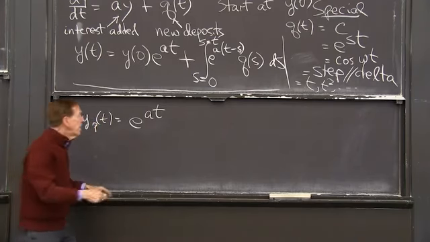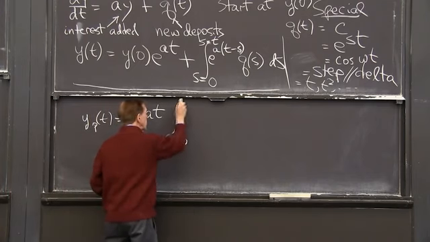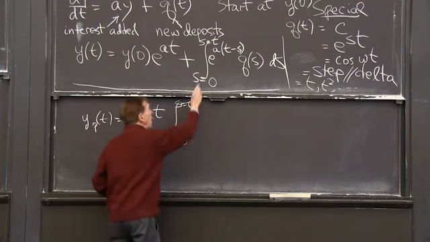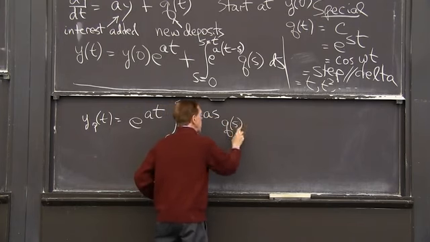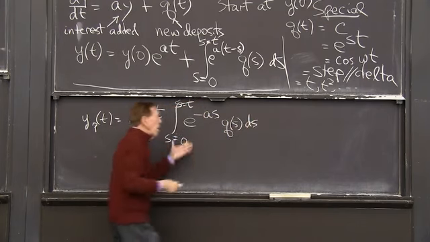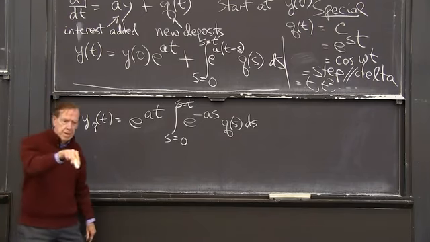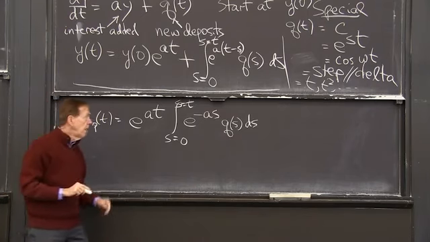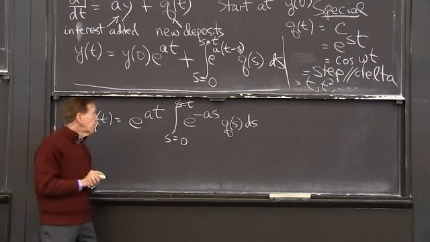It's not involved in the integration. So this is then the integral from s equals 0 to s equals t of e to the minus as, q of s ds. This is all the stuff that depends on what time the deposit was made, time s, and what time we're looking at the balance, the later time t.